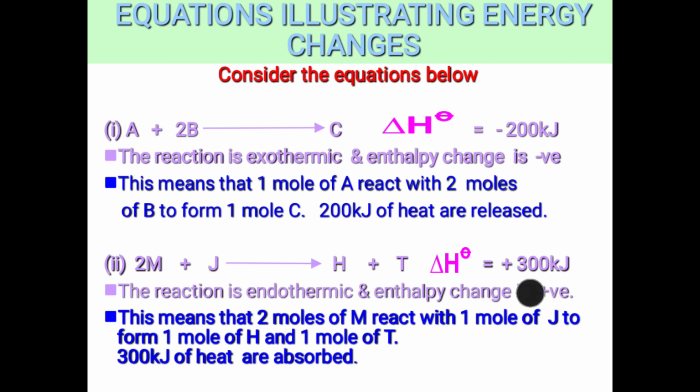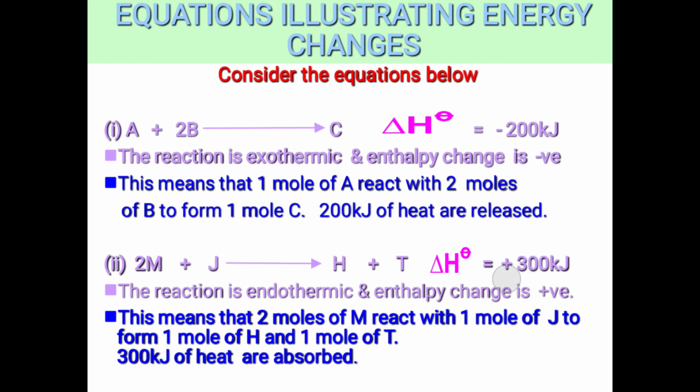So this means that 2 moles of M react with 1 mole of J to form 1 mole of H and 1 mole of T, absorbing 300 kilojoules of heat. Why are we saying absorbing? It's because the enthalpy change is given a positive sign.